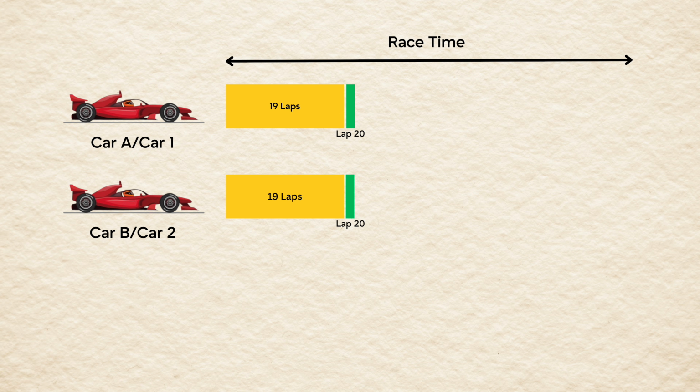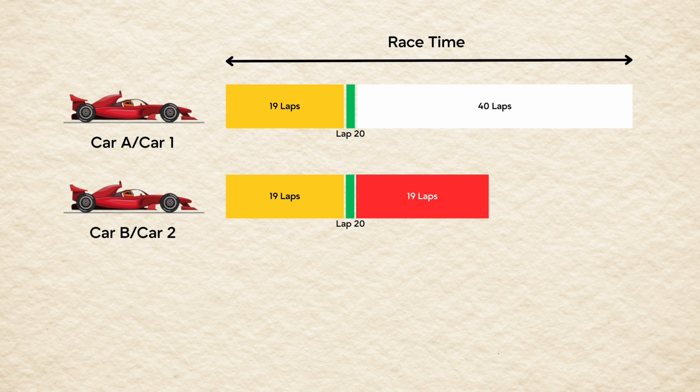Car number 1 is on a one-stop strategy, which means they have to do another 40 laps on a single set of tires. So they go on the hard tires. Now, car number 2 is planning on a two-stop strategy, so they are pitting into soft tires. The difference between a hard tire and a soft tire in terms of lap time is almost 1 second.